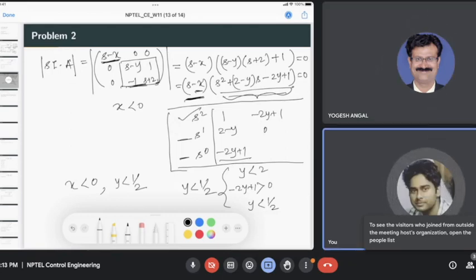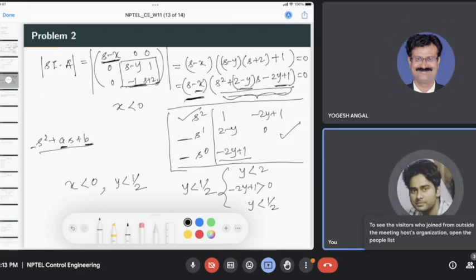This is a second order system, so you can also see that these coefficients should have a positive sign. That is also fine, because if you have s square plus a s plus b, then for a second order system the coefficients should be of the same sign, and because the first is positive, a and b should be positive also. That is also coming from the Routh-Hurwitz criteria, exactly the same thing.